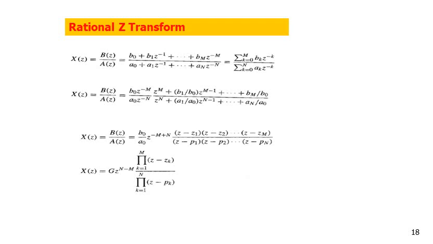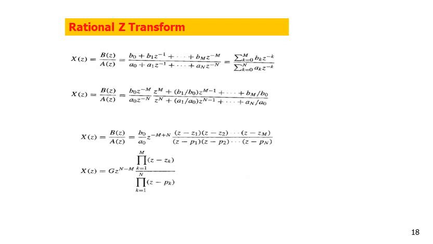And then we are taking the roots of the polynomials in the numerator and denominator, or the roots of B(z) and A(z). Because the numerator polynomial is of degree m, there will be m roots, and the denominator is of degree n, so there will be n roots.